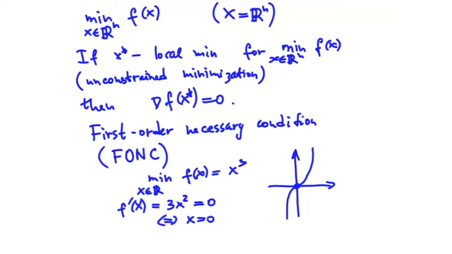But first, I wanted to go over the case when x star is not an interior point of the feasible region. When the point is an interior point, we saw that our optimality condition reduces to just checking whether the gradient is equal to 0.